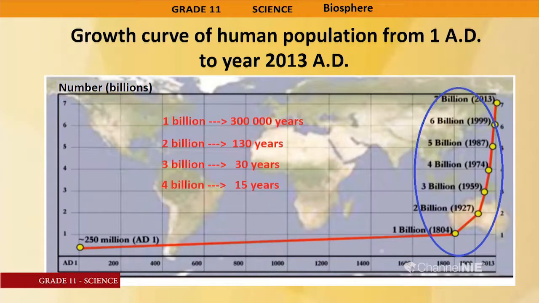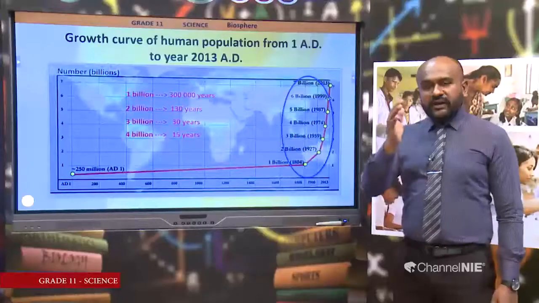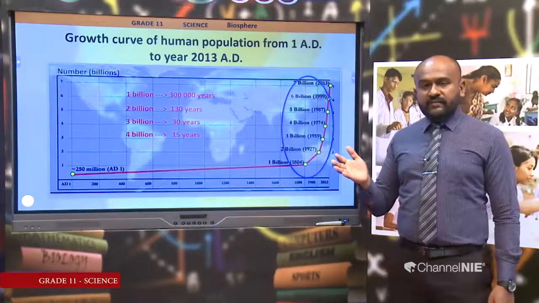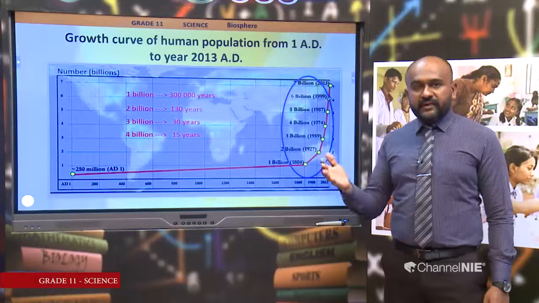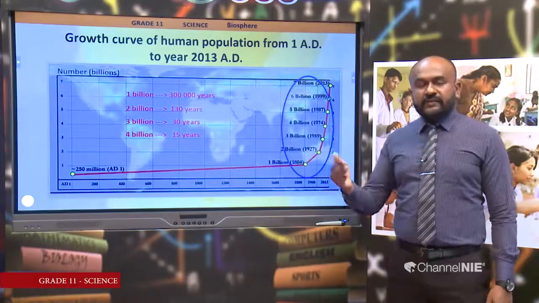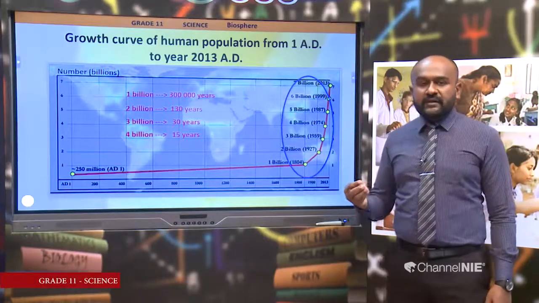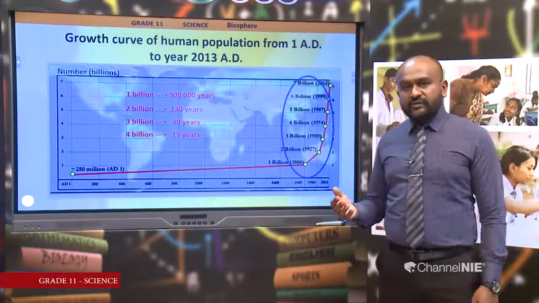Now, you can see how fast the human population has increased. So, still we did not come to the reasons. I think now you must have really got the reasons. Looking at a growth curve, we can predict the time taken to increase a particular population by a certain number of individuals. So, let us see how to do that.